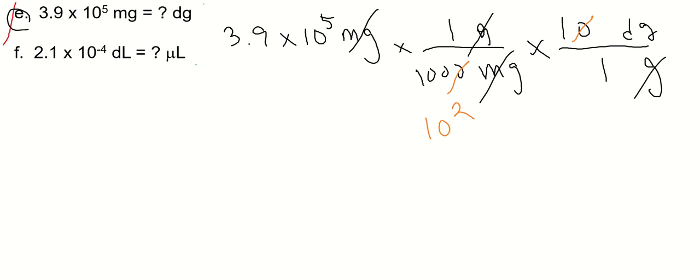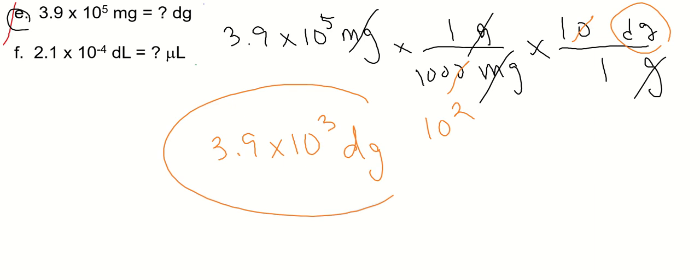The answer is 3.9 times 10 to the 5 minus 2. We're dividing, right? 5 minus 2, so that's going to be 10 to the 3. And what's our leftover unit? Decigrams. There it is.